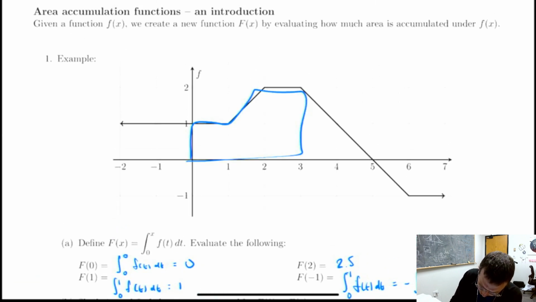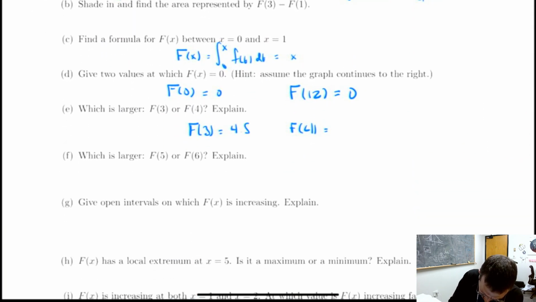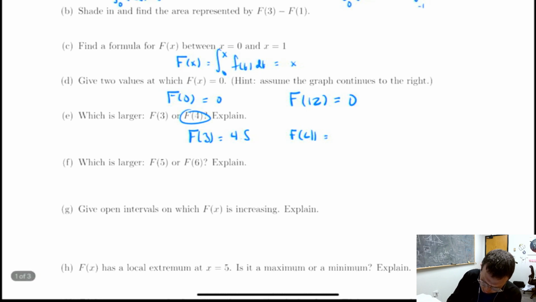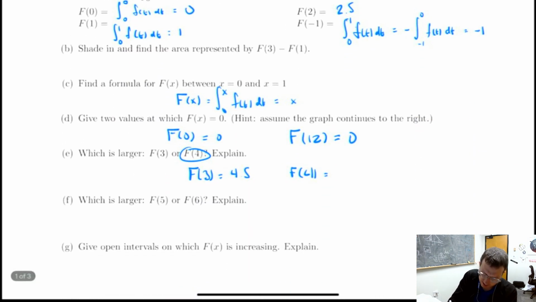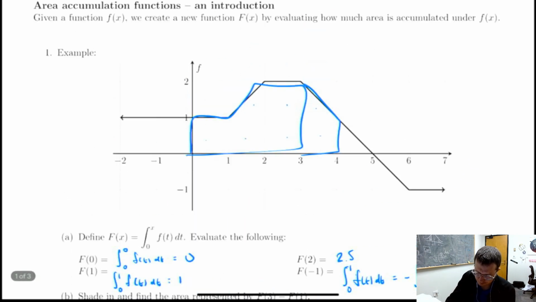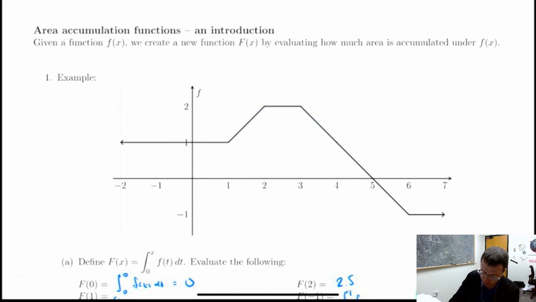This area is 1, 2, 3, 4 and a half. And capital F of 4 tacks on this area. That's another 1.5, which brings it up to 6. So capital F of 4 is bigger because it has accumulated more area. Specifically, it has accumulated all of this additional area.